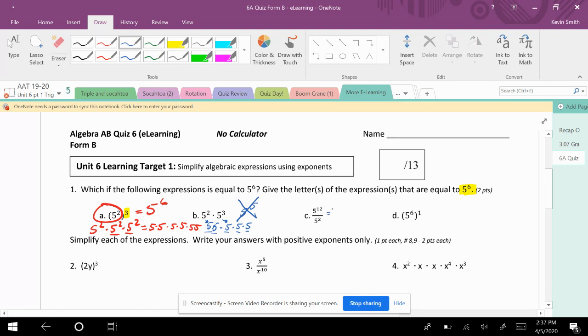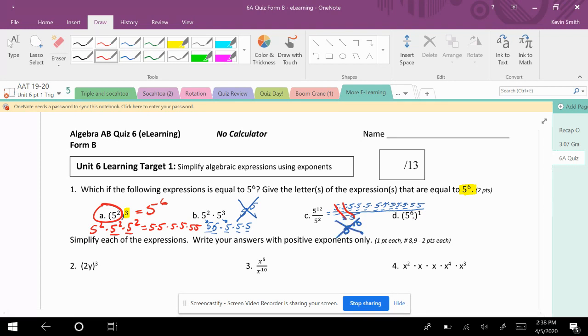Over here, I get 12 5s up top, 1, 2, 3, 4, 5, 6, 7, 8, 9, 10, 11, 12, and 2 on the bottom. So when I divide out some of these, I end up with 5 to the 10th, which is no good.